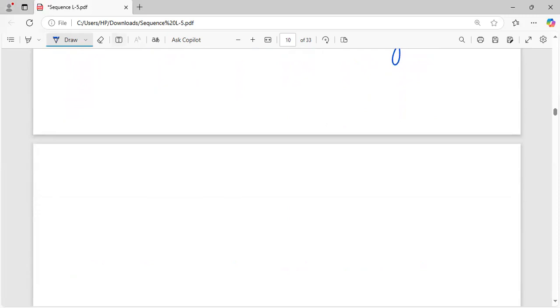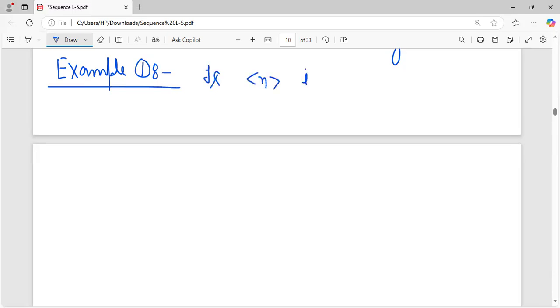Now I am going to see an example. If this sequence is convergent, solution.